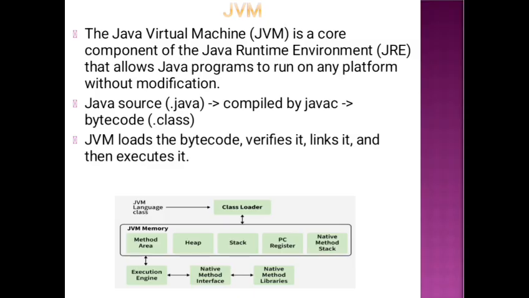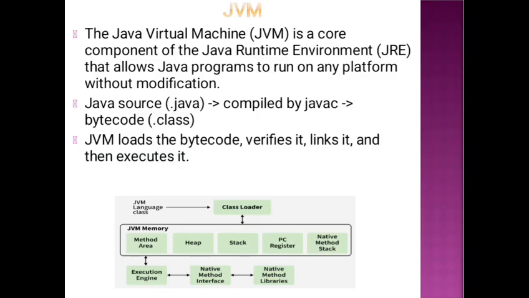Assume that we are developing a Java program with the help of some editor, Notepad, Notepad++, like that, and we can compile this program with the help of the javac command. We can execute the program with the help of JRE. The extension for the Java program, that means source code, is .java.